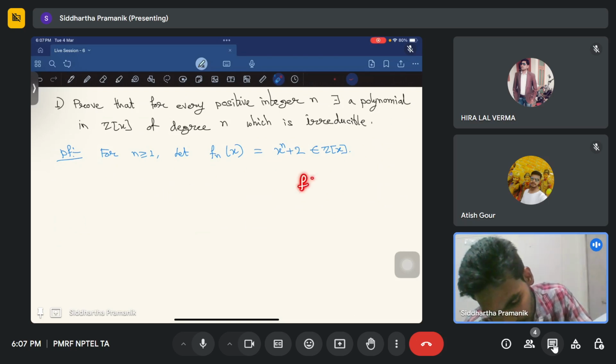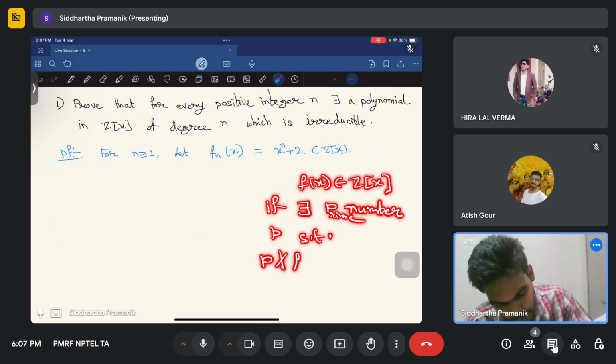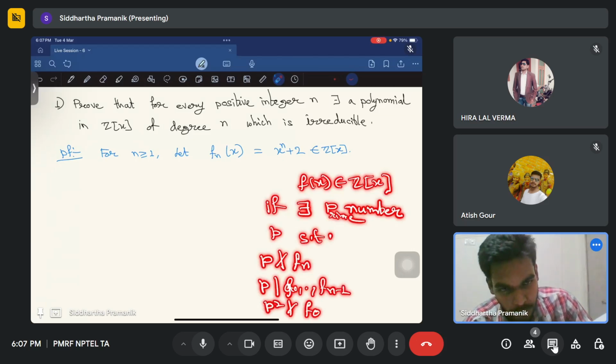If you have a polynomial f(x) belonging to Z[X], and if there exists some prime number p such that p does not divide the leading coefficient of the polynomial, but p divides all other coefficients, and p square does not divide the constant term, then your polynomial f(x) will be irreducible in Q[X].